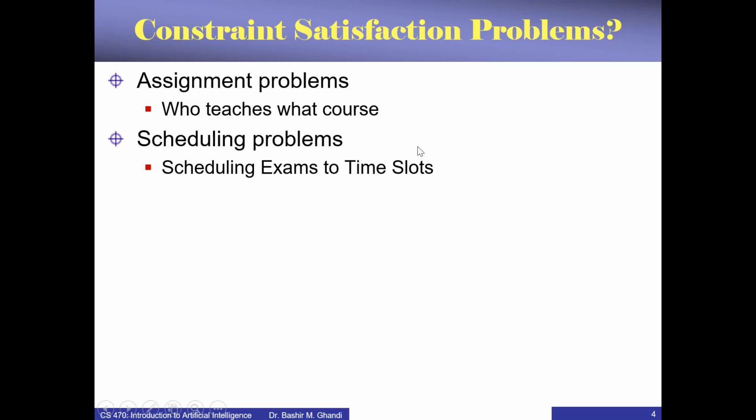Scheduling, for example, could include exam scheduling, where we have to allocate time slots to courses in an exam. As you can imagine, in this case, the courses will be the variables, and the time slot that you would allocate to each course will constitute the domains. And a constraint, for example, could be that certain courses cannot be scheduled together because maybe students are taking both courses, and so on.